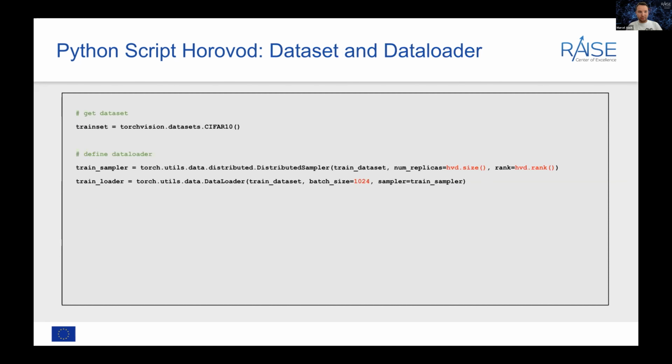As a next step, we then define the dataset and data loader. In my case, I'm just using the very basic CIFAR-10 dataset. Then you need to define the train sampler. And from the Torch backend, there's a distributed sampler available.